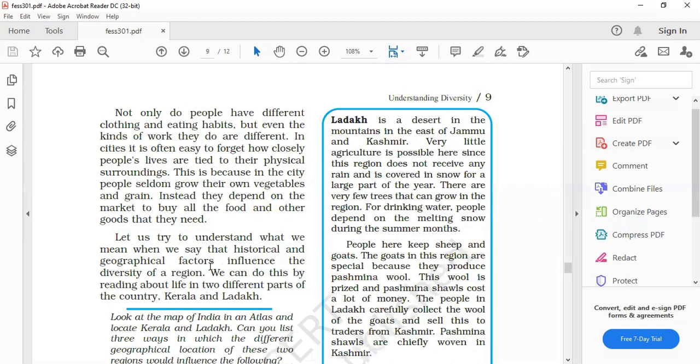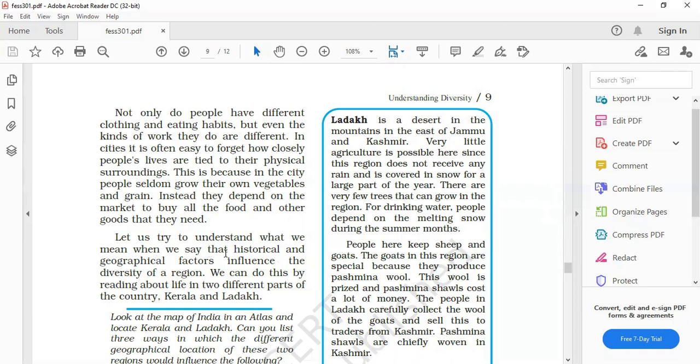What do you think? See, same thing. Historical and geographical factors influence the diversity of a region. Justify your answer. So from here you will get the answer.